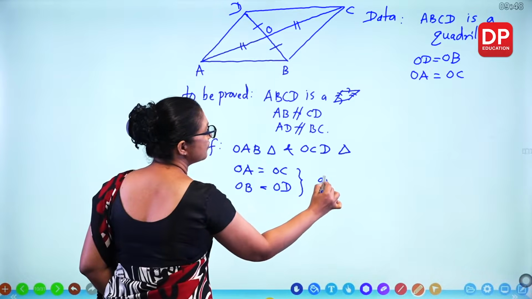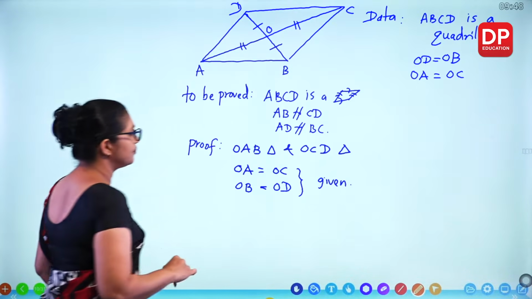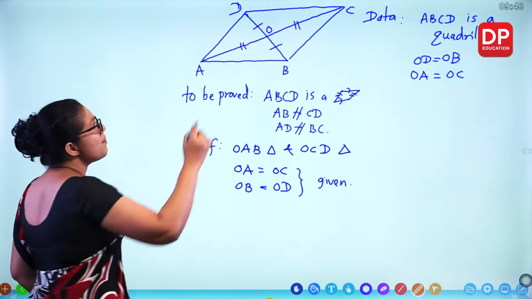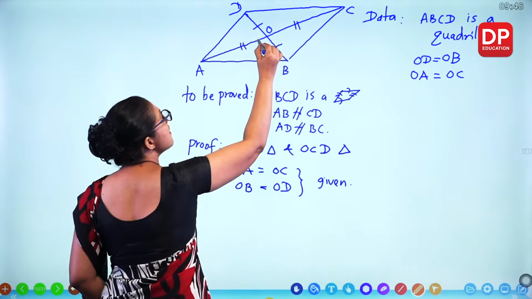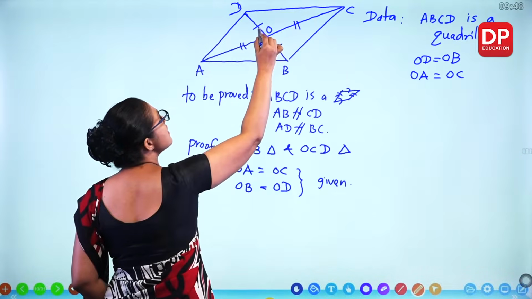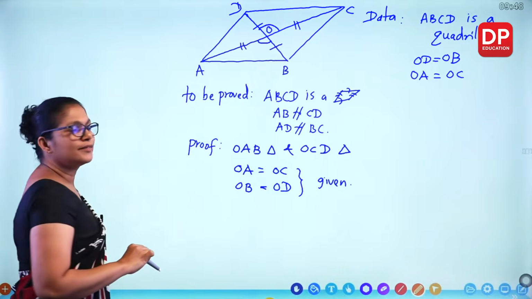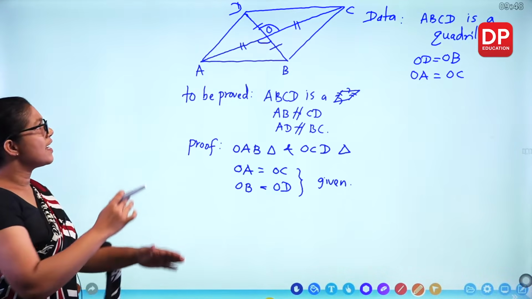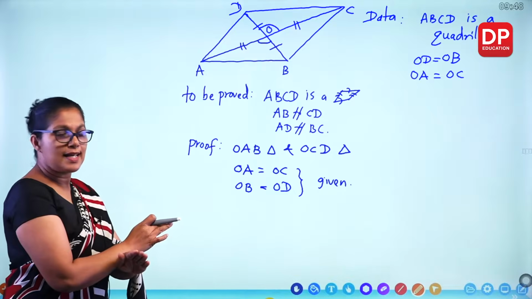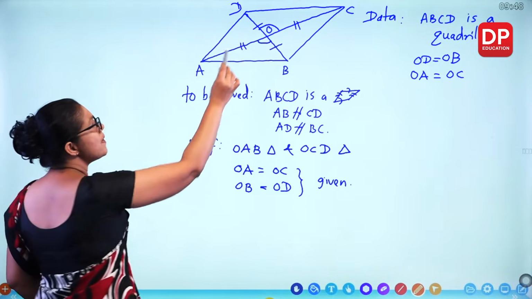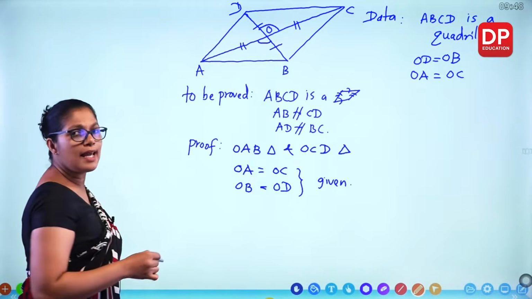That's given. What can you say about these two angles? This one is equal to this one. What are those? When you take any two straight lines intersecting, the opposite angles are equal.